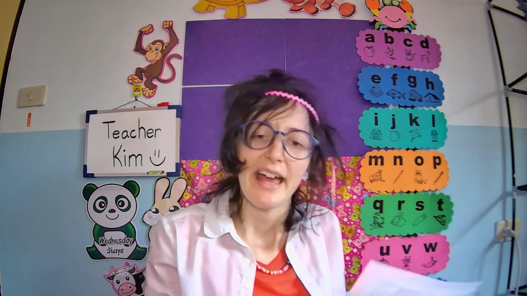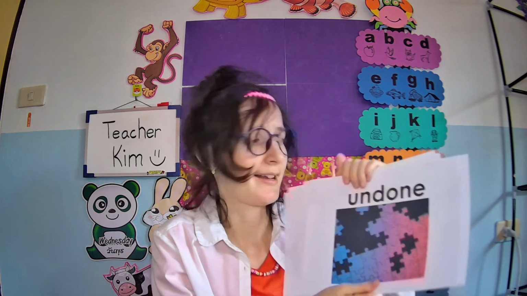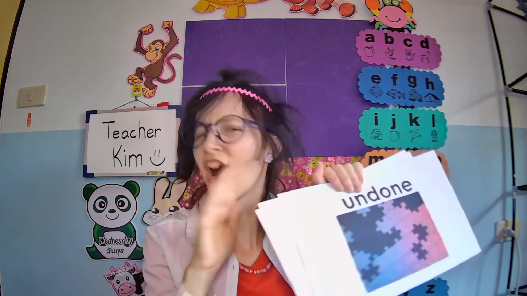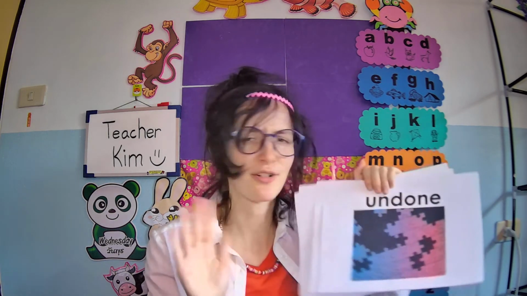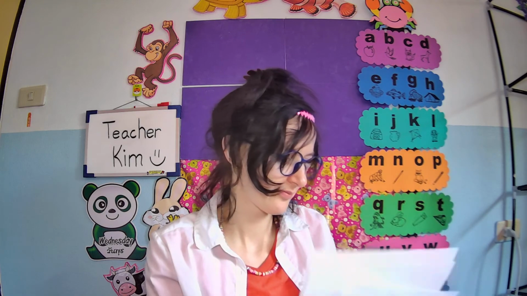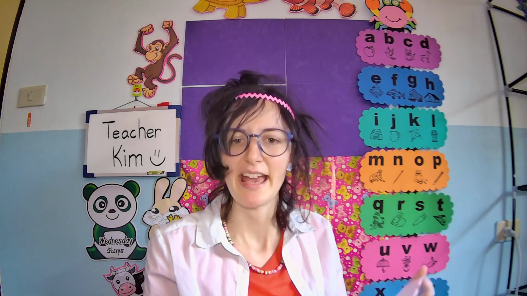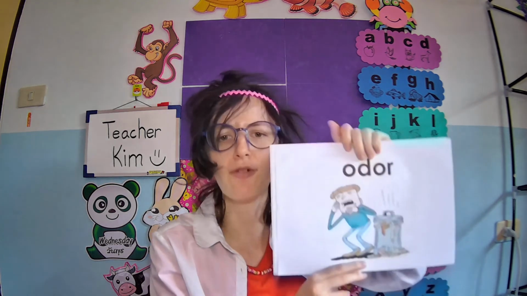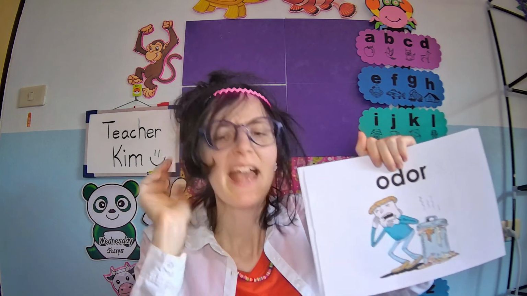Yes. And a chemical change cannot be undone. Everyone say undone. It cannot for a chemical change, but physical change, yes. Chemical change, no. And oftentimes when we have a chemical change, the color may change and there may also be an odor. Everyone say odor.